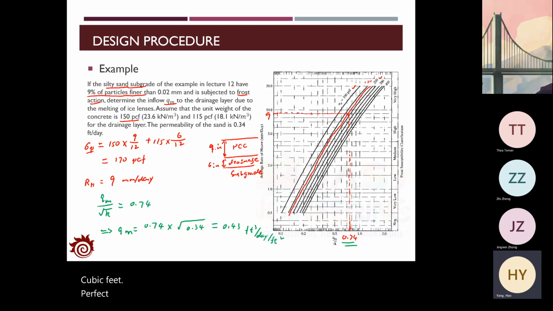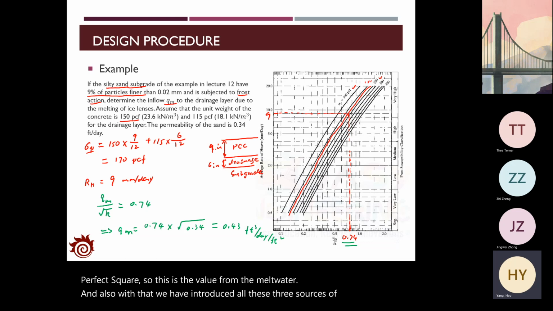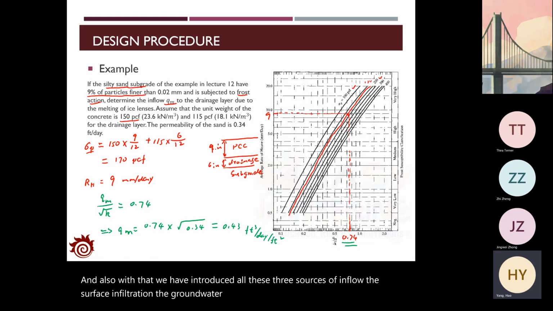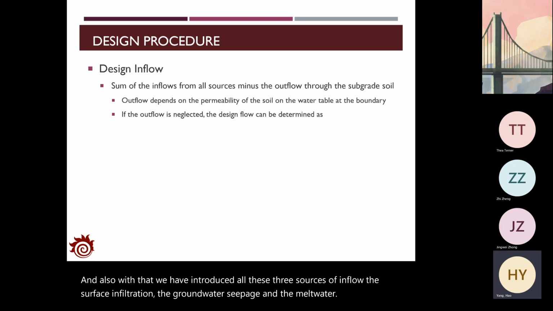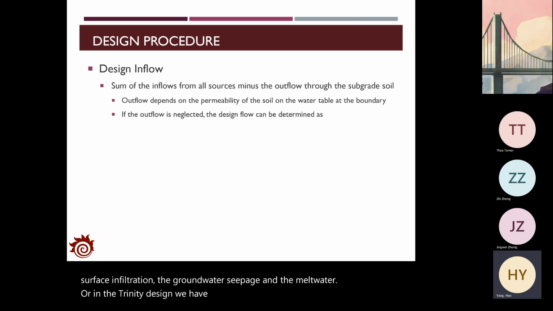So this is the value from the meltwater. And so with that, we have introduced all three sources of the inflow: the surface infiltration, the groundwater seepage, and the meltwater.